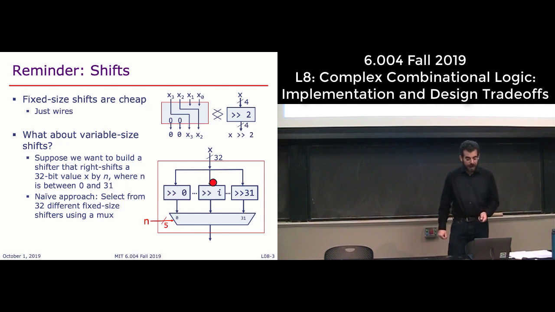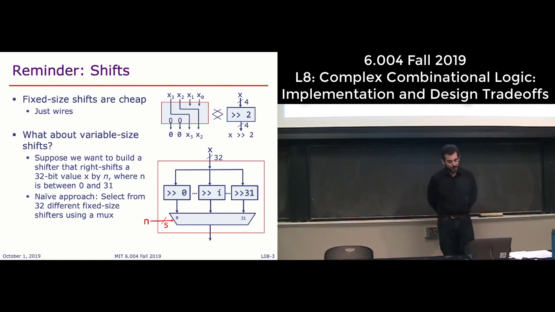We can have 32 different fixed size shifts, from 0 to 31. So those are all the ranges of shift rights that you can do, and then we can just choose which one we want with a 32-way multiplexer, using this 5-bit n input that tells us how much to shift.